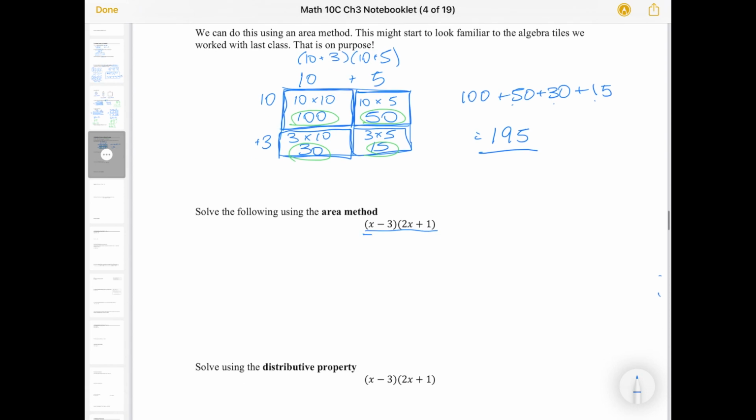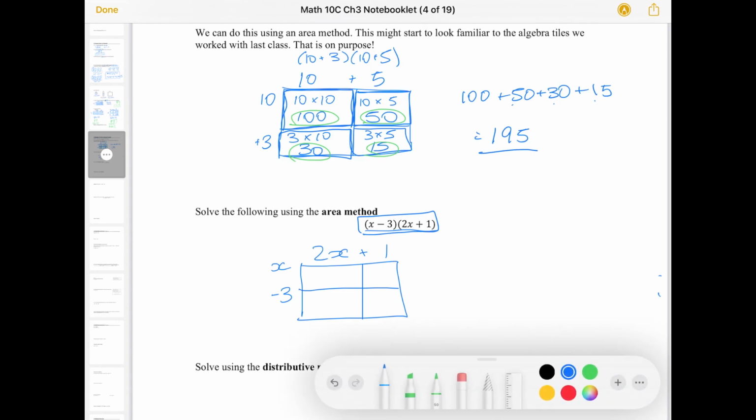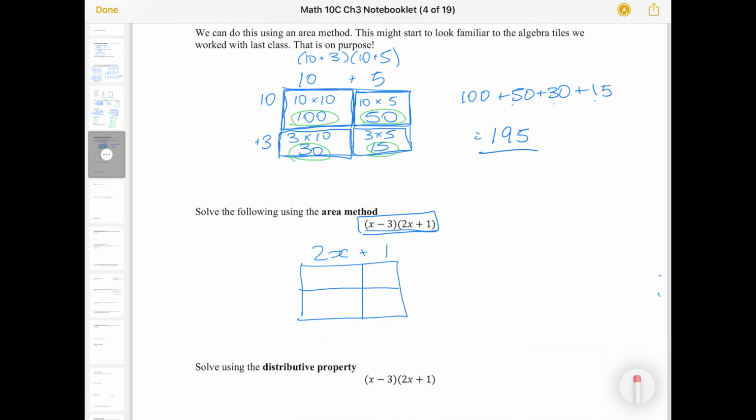So let's look at this binomial multiplication. We're going to do the exact same process, just with x's instead of just numbers. So x minus 3 and 2x plus 1, drawing my rectangle here, and splitting it off. All right, so let me make this a bit neater actually.